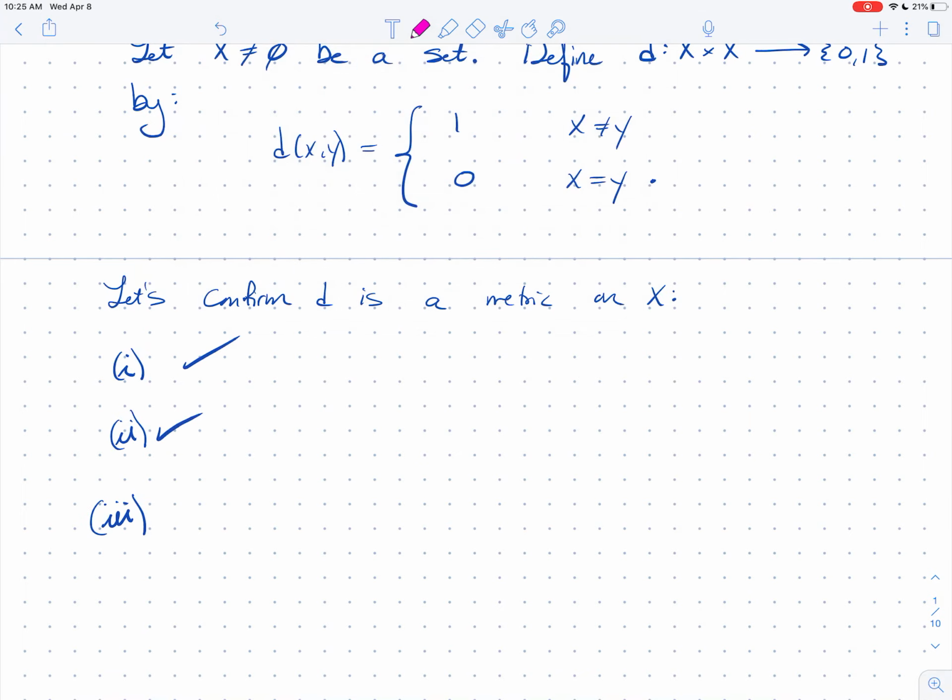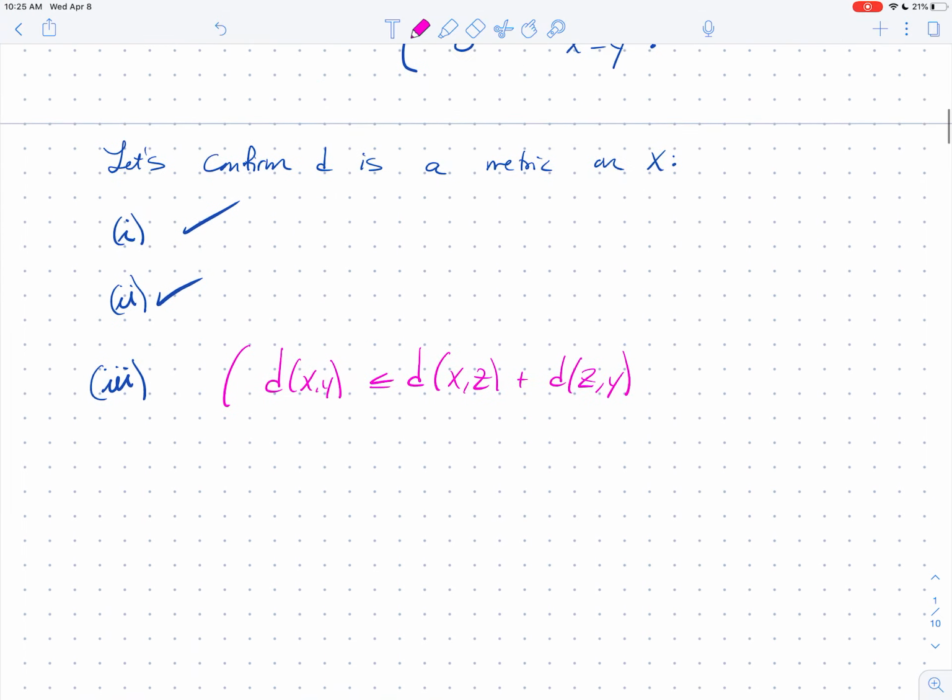So what are we trying to check? Let's write it in a different color and remind ourselves, right? We're trying to check that the distance between x and y is less than or equal to the distance between x and z plus the distance between z and y. Okay, and so we should ask ourselves, when can this inequality fail? Well, if this side is 0, then these can be whatever they want to be, right?